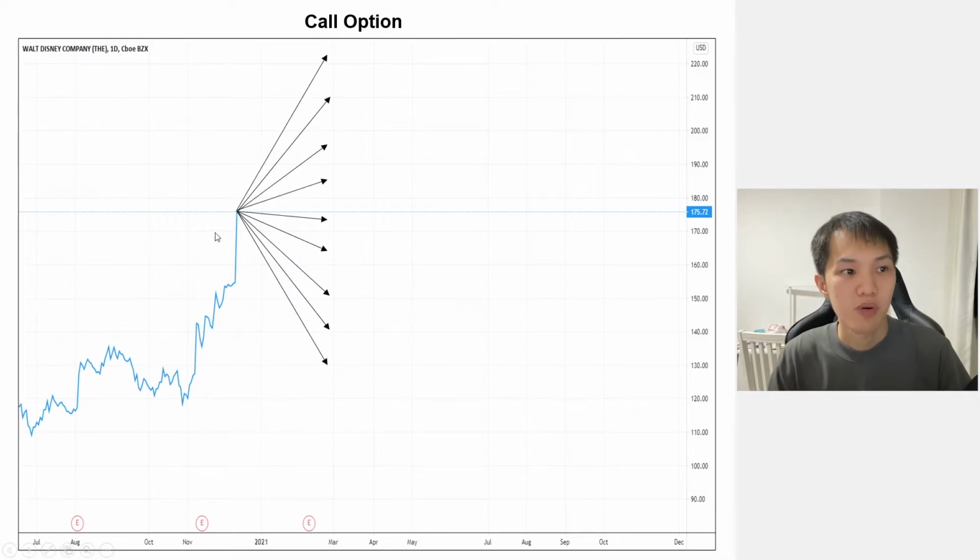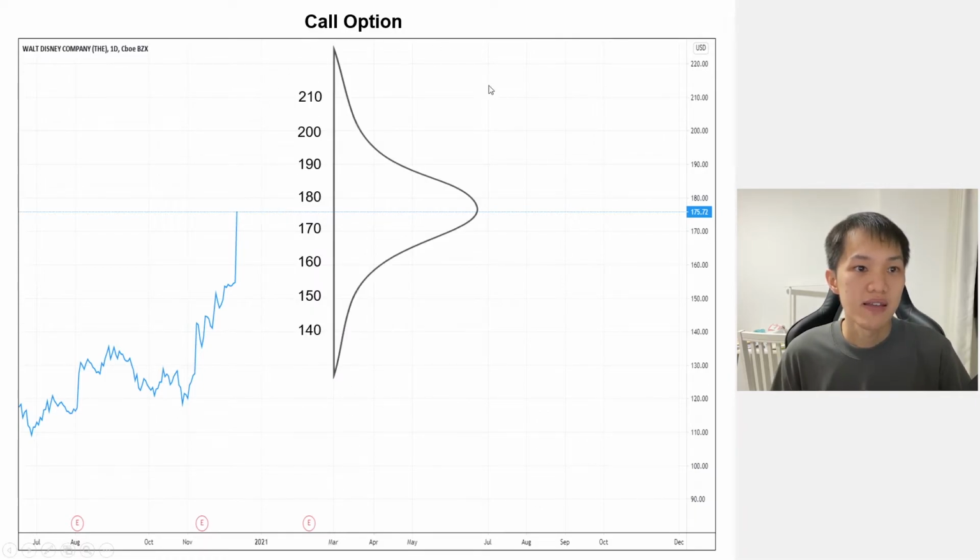If we project forward from the current price, it could move up, stay constant, or come down. These are the potential prices at a specific date. Let's say we are looking at March 2021.